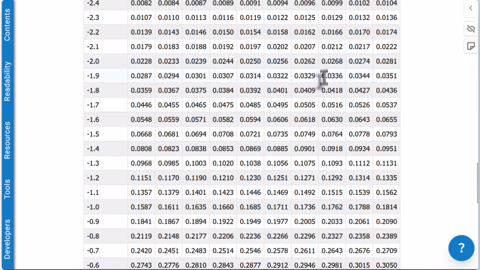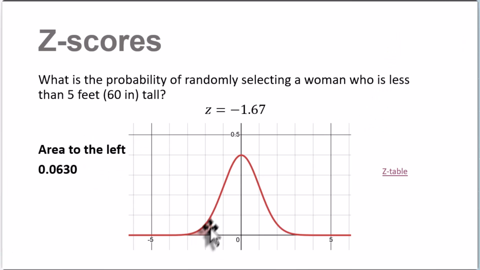So negative 1.67 takes me to this box right here. This is showing a number, 0.0630. So that is the area to the left of the z-score, negative 1.67. So that little area shaded to the left of the negative z-score in my picture corresponds to 0.0630.